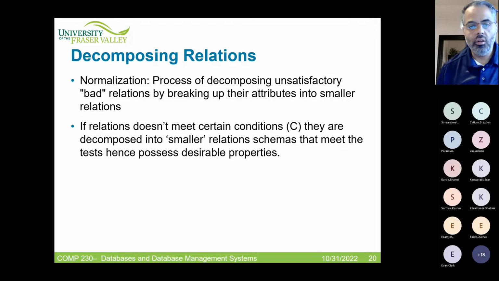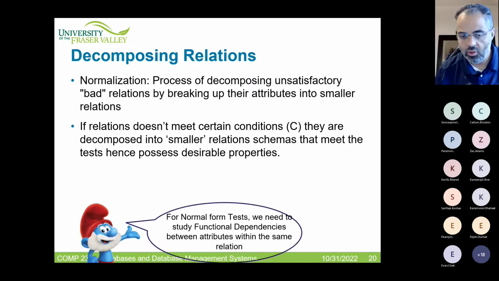So normalization is a process of decomposing unsatisfactory, bad relations, which have a bad structure, by breaking their attributes into smaller relations, as we did. Based on a special condition, we will make smaller relations, more decomposition, until we reach the optimal standard that we are searching for.